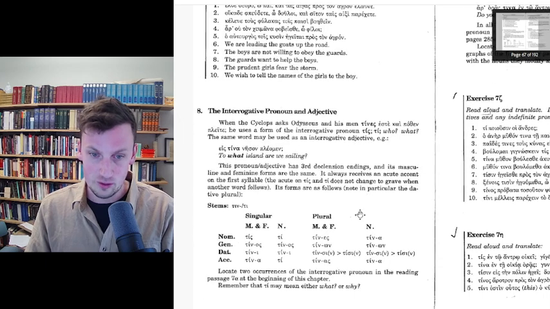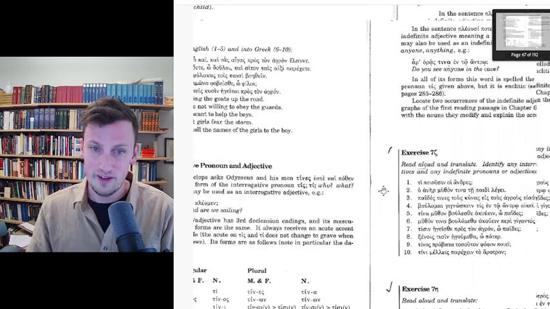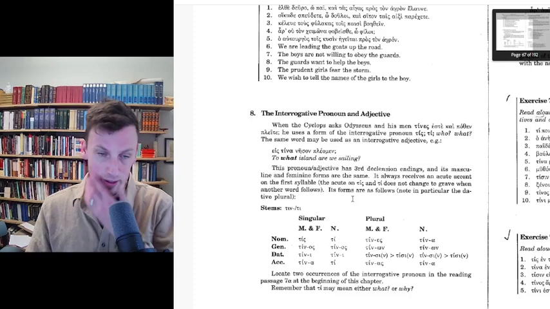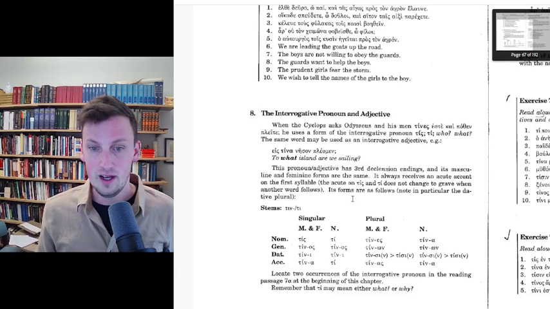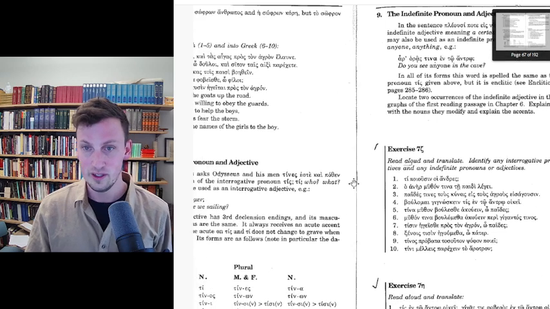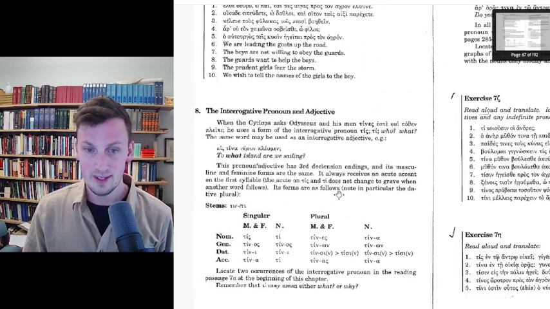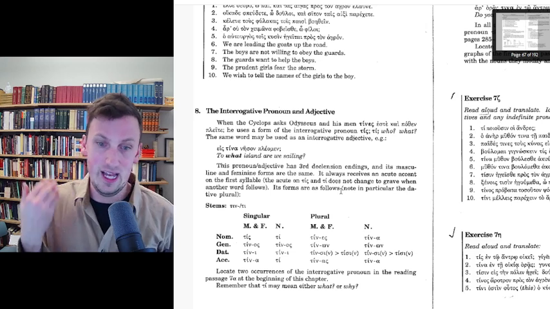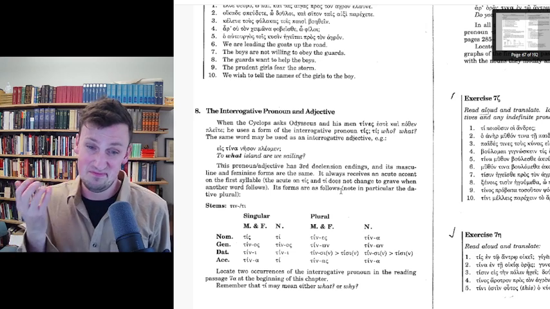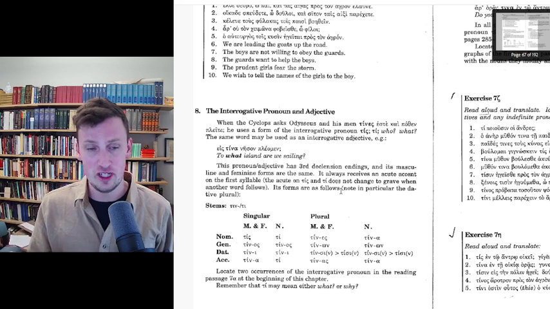Here's the last actual concept. Not much of a concept, but you have both the interrogative and the indefinite use of these pronouns. So tis to mean who, as in who are you? And also tis to mean whoever. They're formed as third declension.